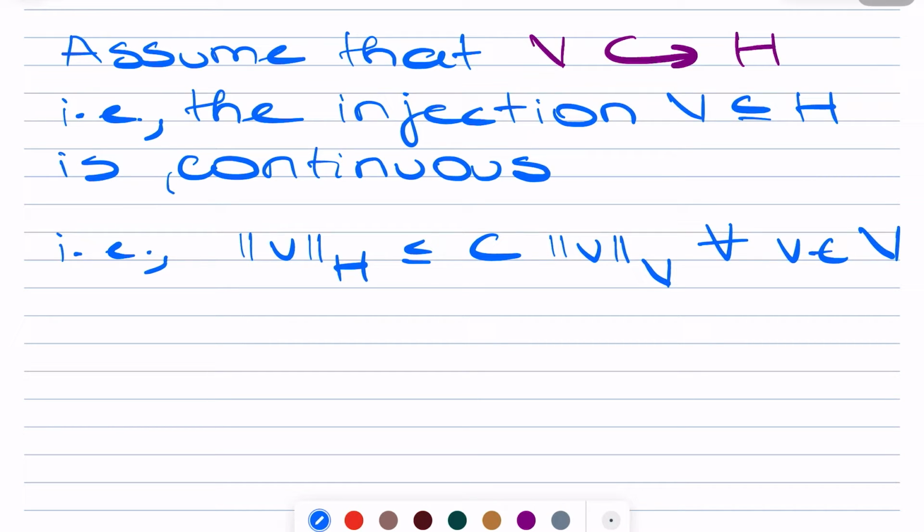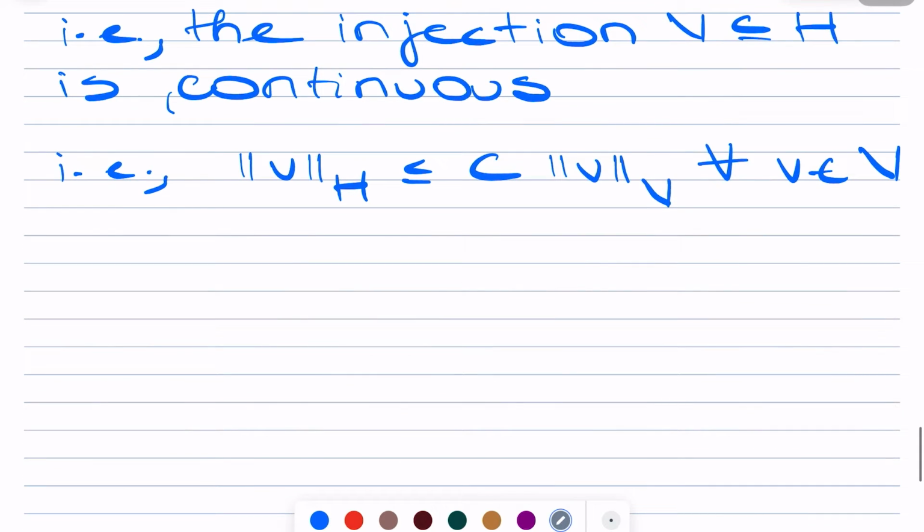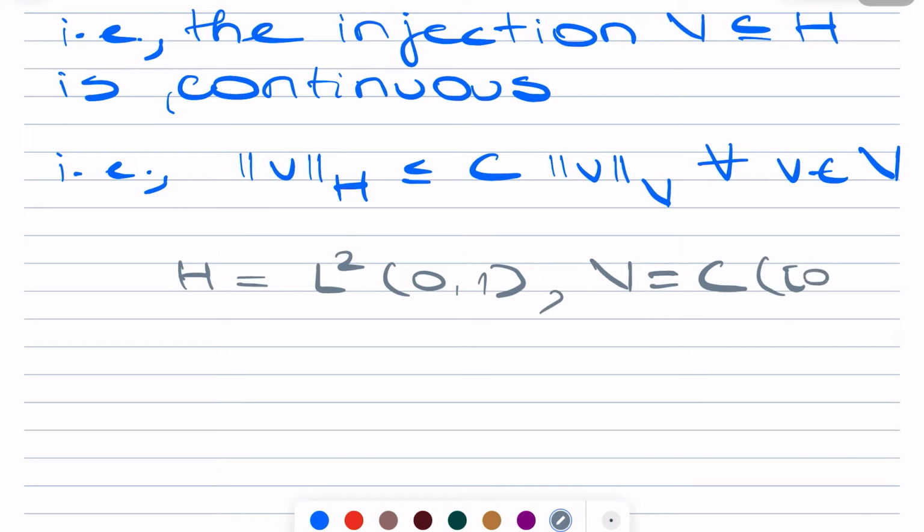I mean, you can think of H as being the space L2 of 0, 1, so omega is actually 0, 1. And then you can consider V to be the space of continuous functions over the compact set 0, 1.